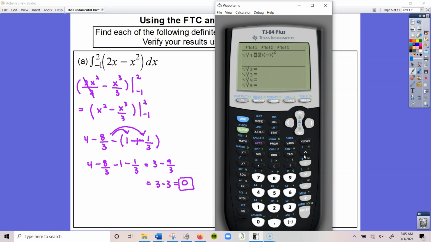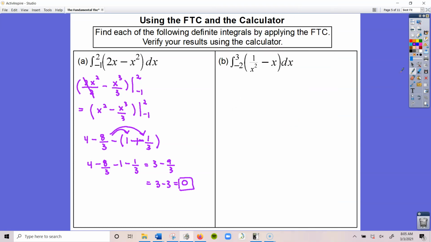Now, we're going to do the same thing, but with the other graph, which we'll get to in a moment. Let's first work this out by hand. So here we're evaluating the integral from -2 to 3 of 1 over x squared minus x. I'm going to want to rewrite this so that it's easier to integrate. This is the same thing as saying from -2 to 3 of x to the -2 minus x dx.